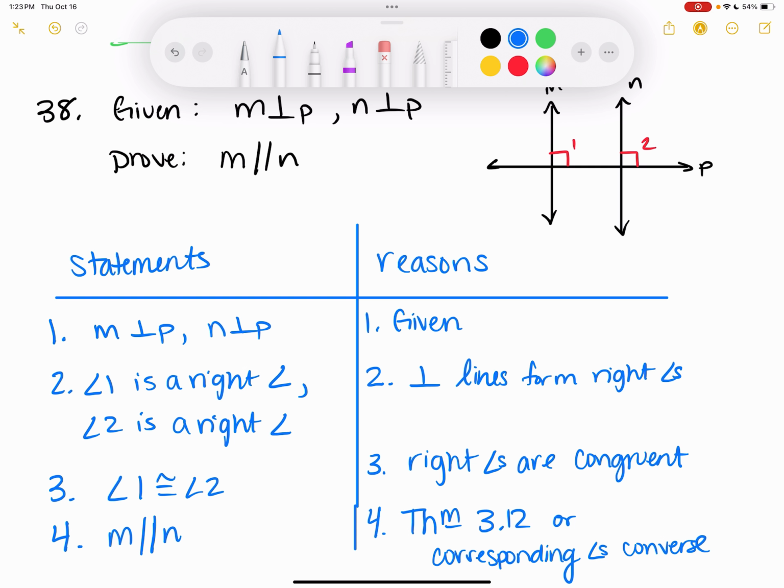The corresponding angles converse would prove that they're parallel. But yes, technically the thing about corresponding angles is the postulate. But the converse is just the converse of that. We don't call them a postulate or a theorem. All right. Any questions on that?